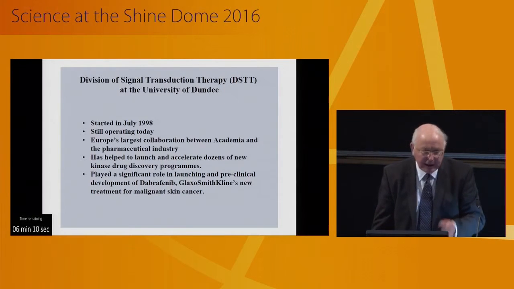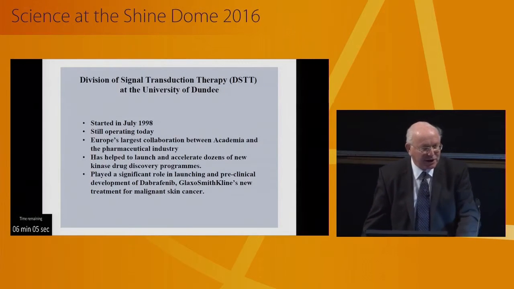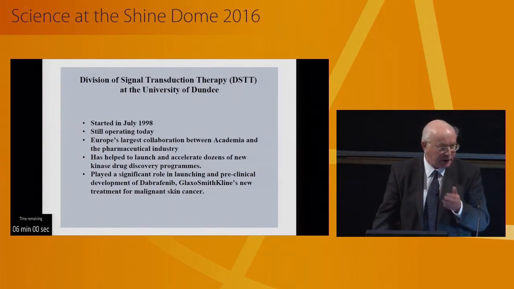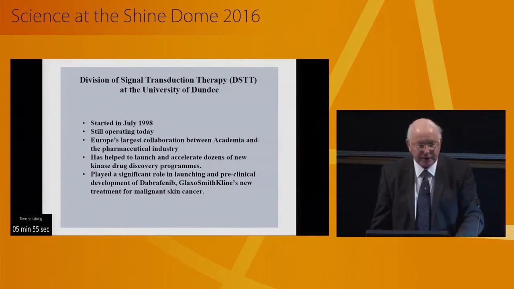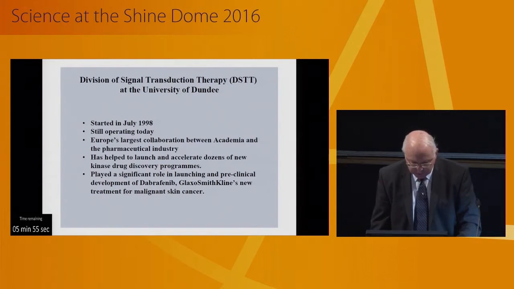But in every venture like this, you need a lot of luck. And our biggest stroke of luck was that just after we started this collaboration, the first kinase inhibiting drug went into clinical trials.